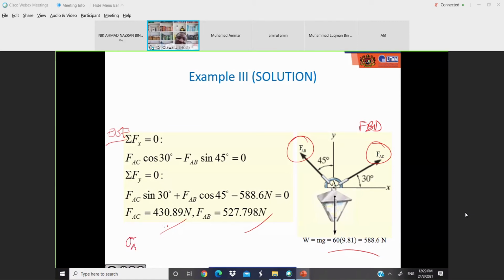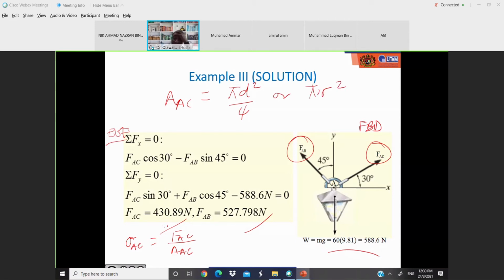Stress AC equals FAC divided by AAC. AAC area is equal to pi d squared all over 4 or pi r squared.